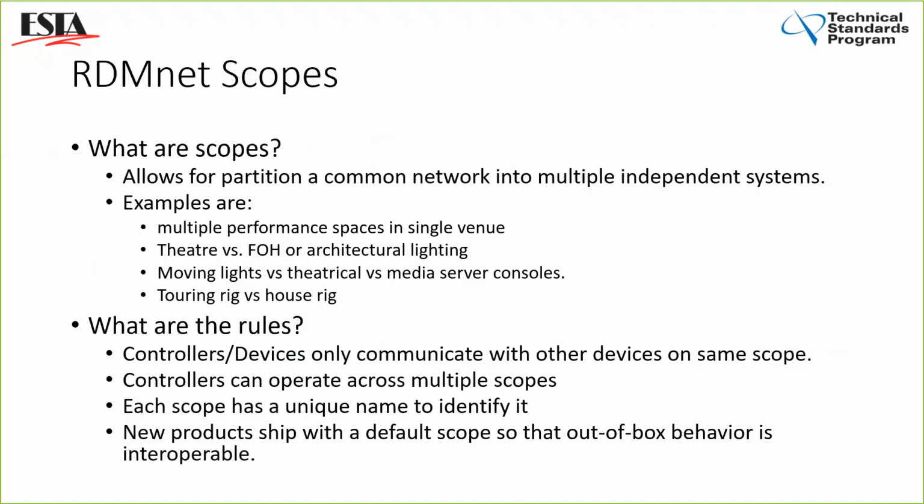I see this all the time, where you'll have 3 or 4 different lighting consoles out front of house, all programming different parts of the same show. So I might have a moving light console and a theatrical console and a media server console that are all programming it. In many cases, they're all feeding into a large streaming ACN network.